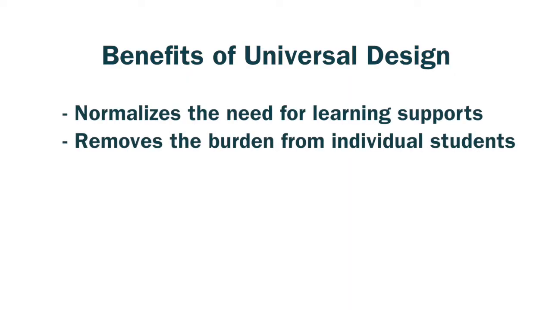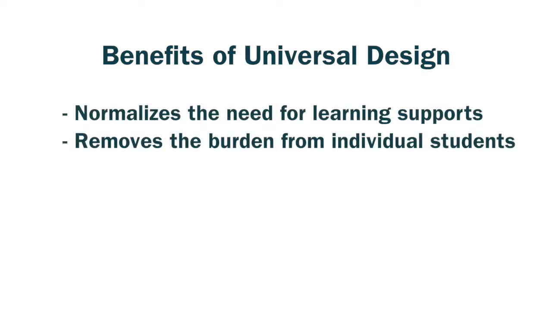Some of the really important and interesting ways that universal design can be helpful is that it normalizes the need for learning supports. It allows us to handle a lot of things in a very integrated way without singling out students, without requiring them to provide expensive documentation for really very simple kinds of modifications in the classroom. It allows us to shift the burden in many ways from the individual student, as if all the problem resides in them.